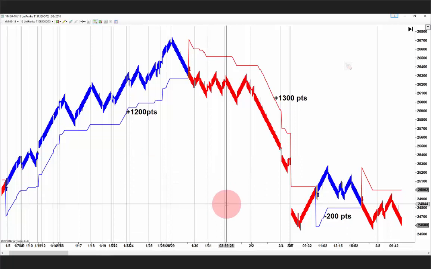So I chose to highlight this system because it's nice and clean. It's very high level. We can get more sophisticated by a long shot than this. This is very basic.